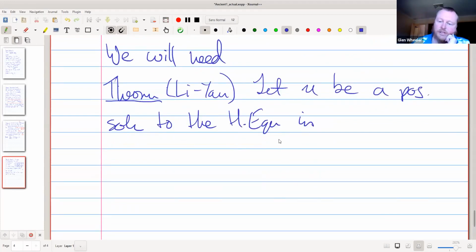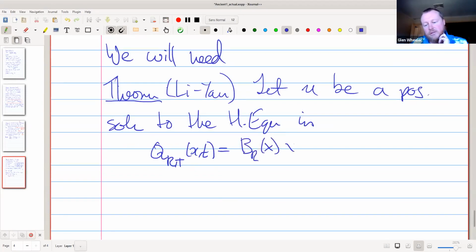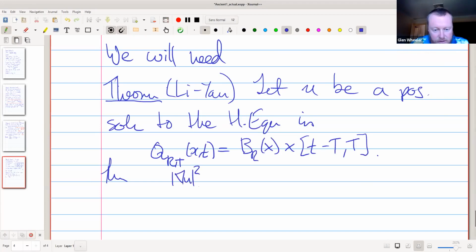Yeah, I'll say more about that in a second. So we take a space-time cylinder, Q_{R,T}, which is going to be the ball of radius R at x cross t minus big T to big T, like that.